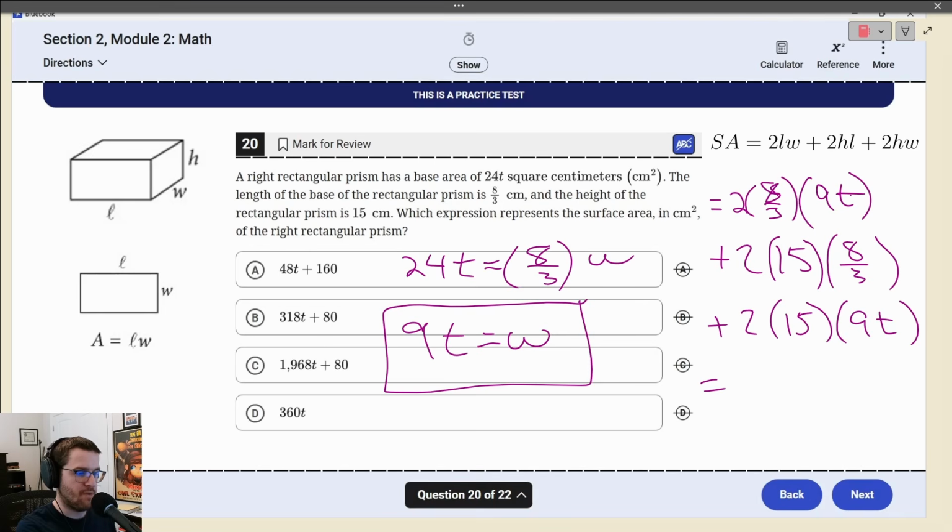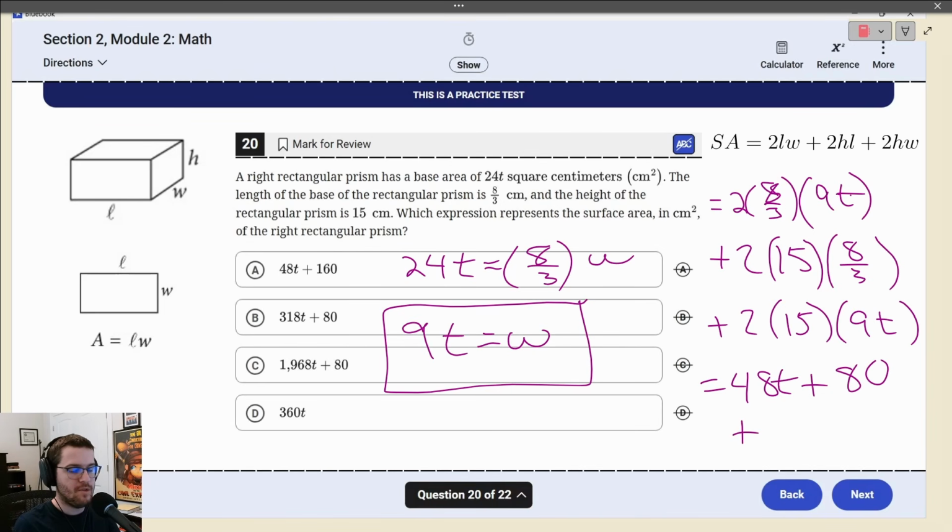All right, so that first one, we got 2 times 8/3 times 9. That is giving me 48, and then there's a t, so 48t. That second one is giving me 2 times 15 times 8/3. No t on that one, so it's just 80.